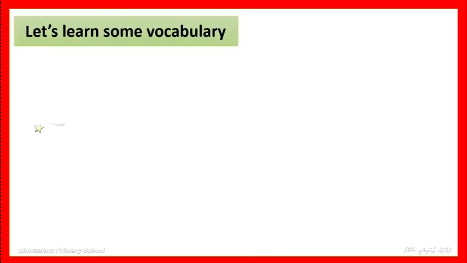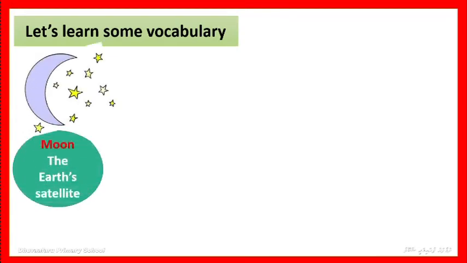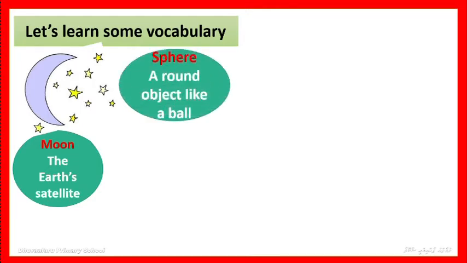So students, before beginning today's lesson, let's learn some new vocabulary. Moon, the Earth's satellite. Sphere means a round object like a ball.